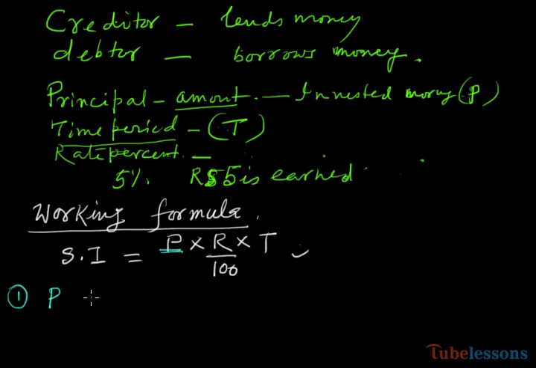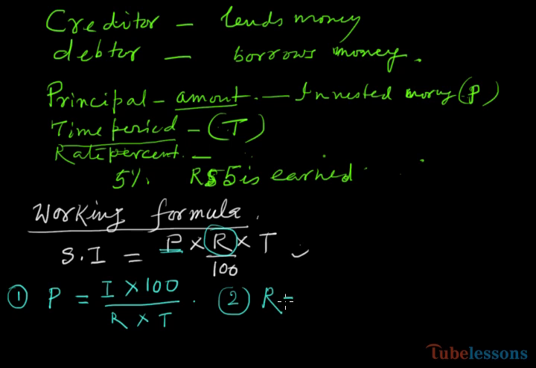In that case we'll use the formula: simple interest I into 100 by R into T. If you want to find the rate percent, then R is equal to 100 I by PT.